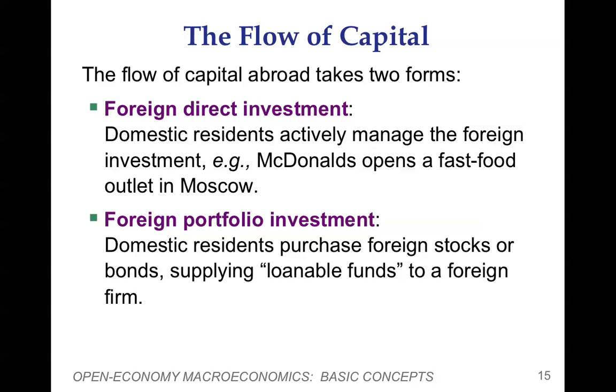And we do the same thing in this country. We borrow money and we look for people to finance our investments. And so it could be us, it could be the Chinese, it could be the Saudis. Anyone with money can and will finance our borrowing. And that would be their foreign portfolio investment.